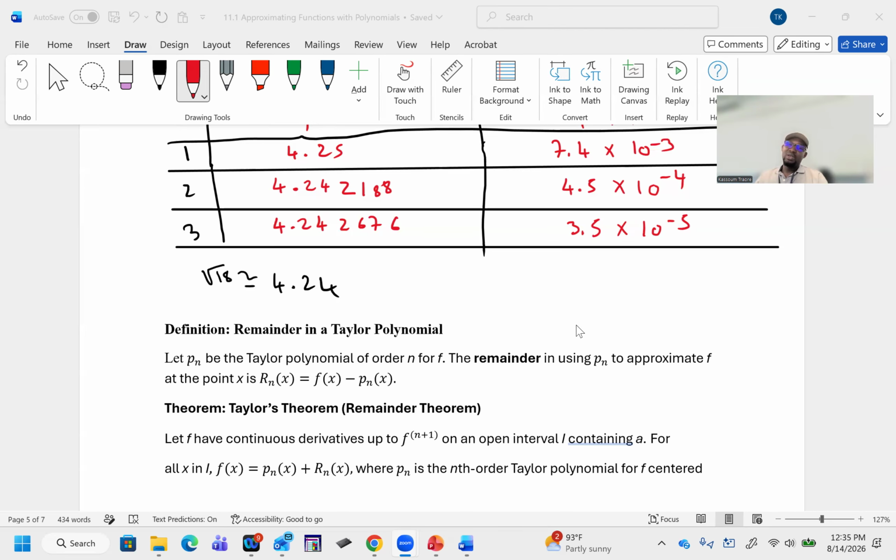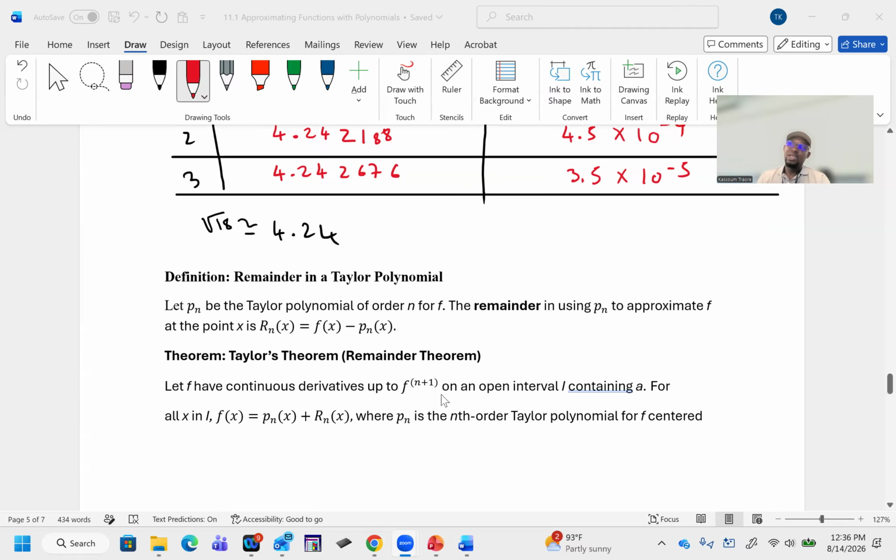We have the theorem for the remainder of Taylor. Let f have a continuous derivative up to the n plus 1th derivative of f on an open interval I containing a, for all x in I.